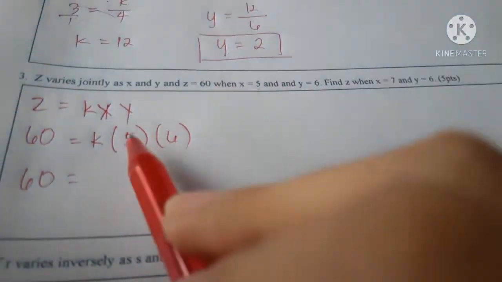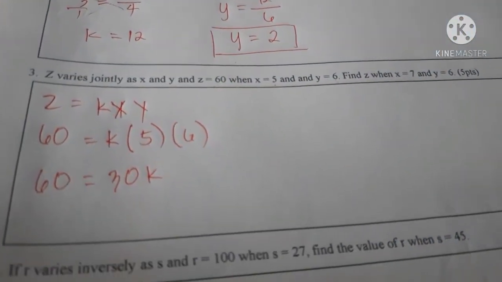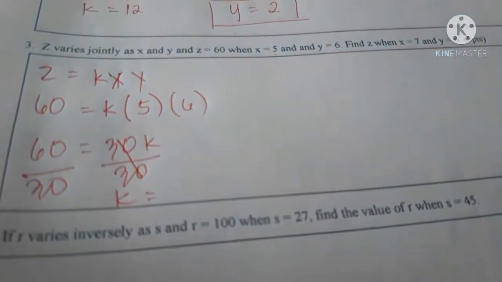Okay, so 60 equals 5 times 6, that is 30, times k, that is 30k. So, para k na lang, ma-divide kita both sides by 30. Ma-cancel, k is equal to 60 divided by 30, that is equal to 2.